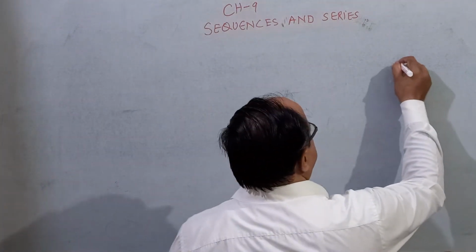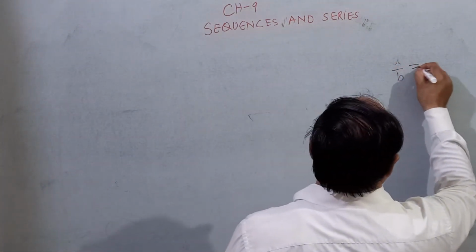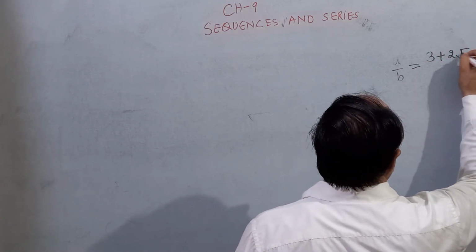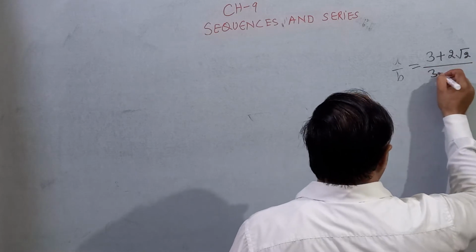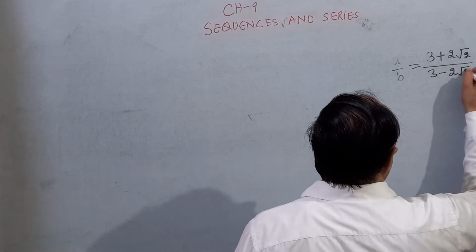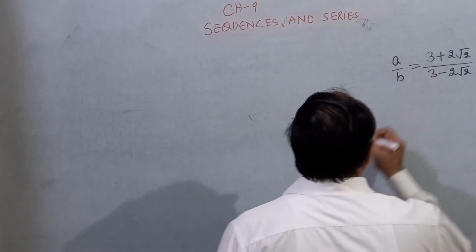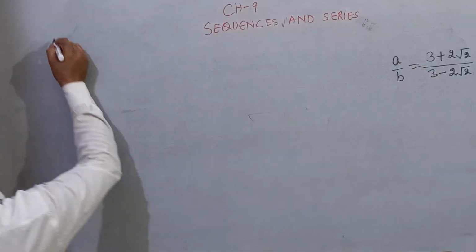And we want to prove that the ratio of the terms is 3 plus 2 root 2 upon 3 minus 2 root 2. Correct?